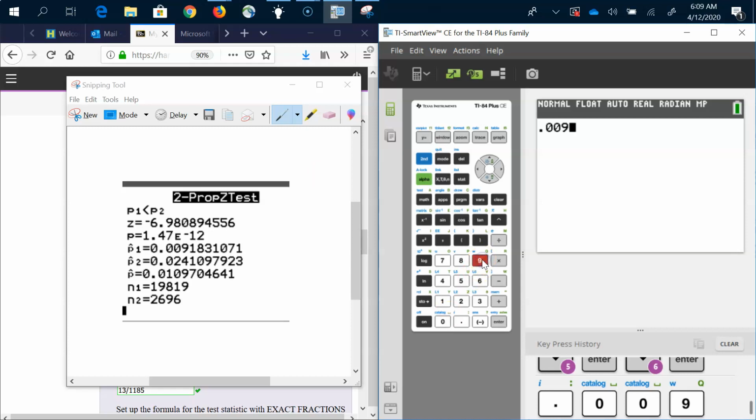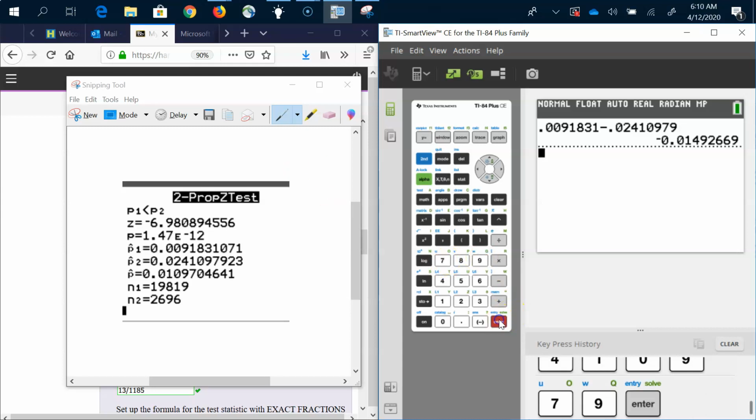I'll put quite a few decimals here: 0.009 18.3, maybe one more decimal. There's P1 hat minus P2 hat, and 0.02 4109 79. Do that subtraction. I've got plenty of decimals. To 4 decimals, it's negative 0.0149.